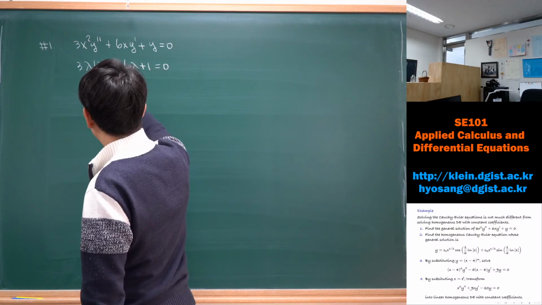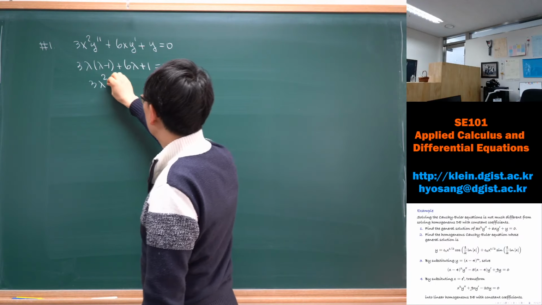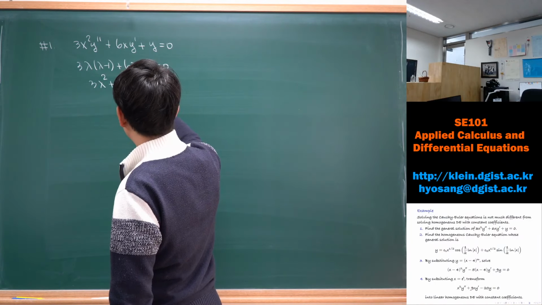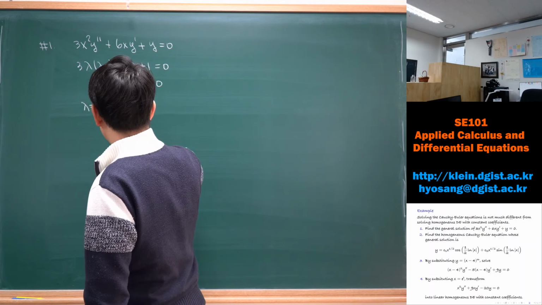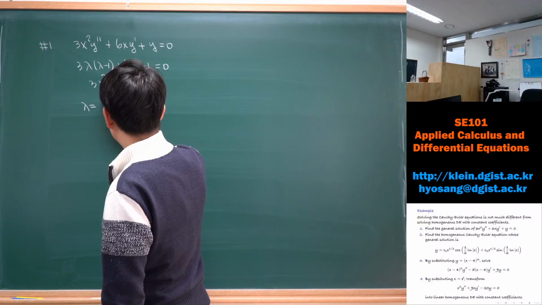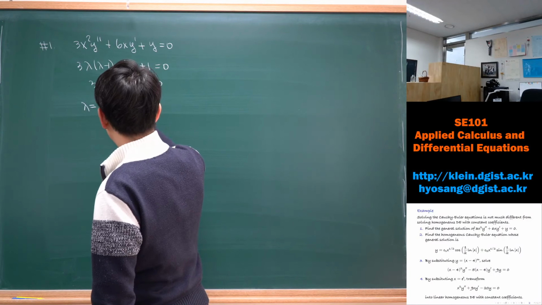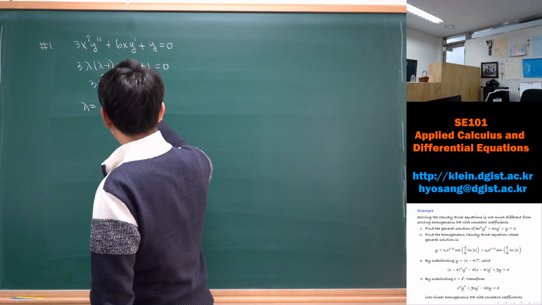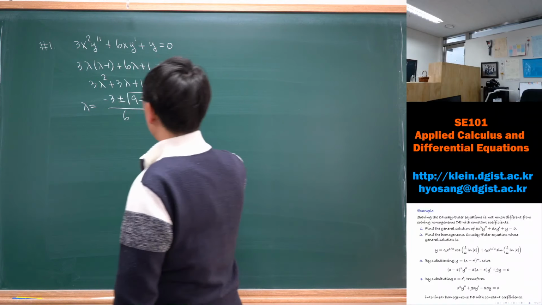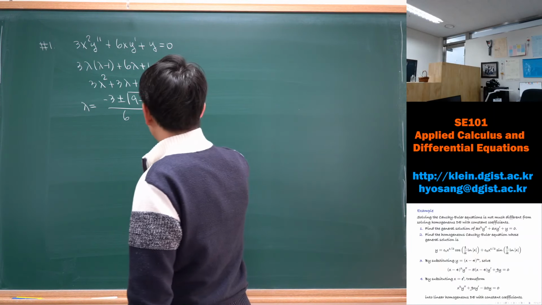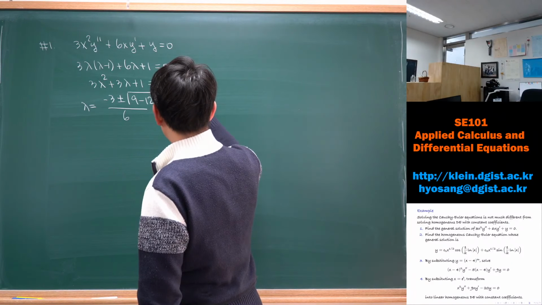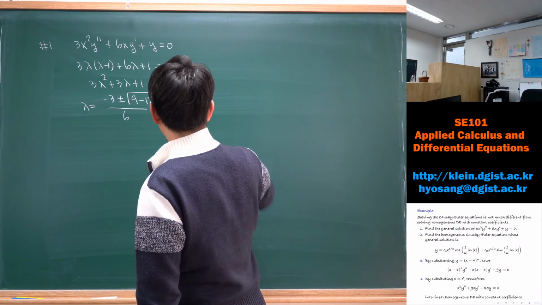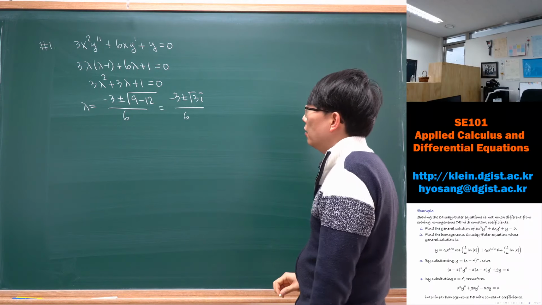When you expand this, it is 3 lambda squared plus 3 lambda plus 1. So the roots are (-3 plus or minus the square root of 9 minus 12) over 6. So this is negative 1 over 2 plus or minus square root of 3 over 6 i.